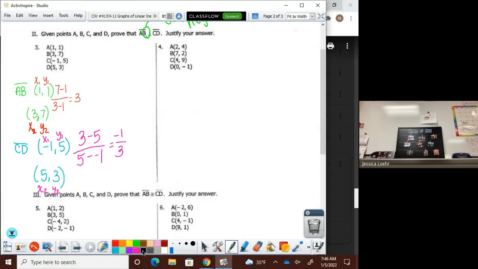So your sentence is going to be what they're asking you to prove. AB is perpendicular to CD because the slopes are negative reciprocals.